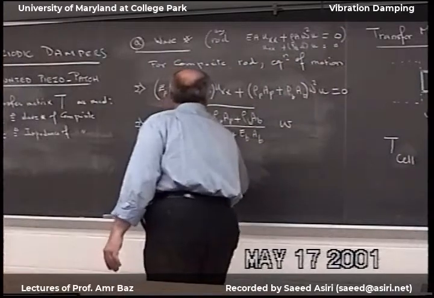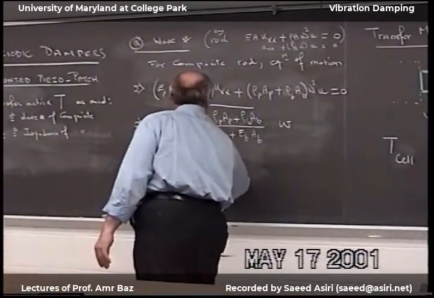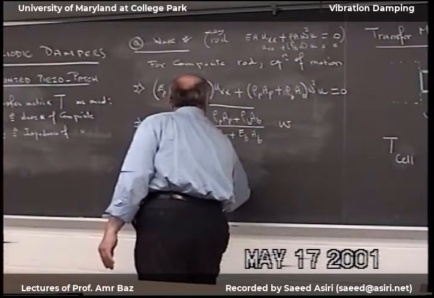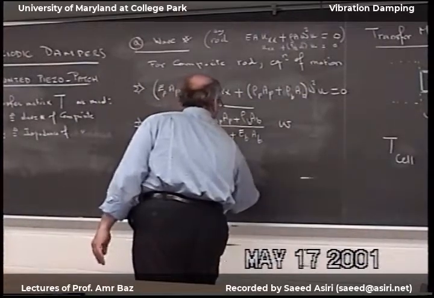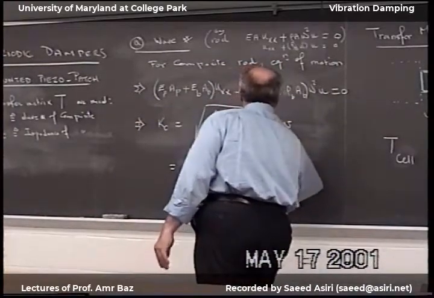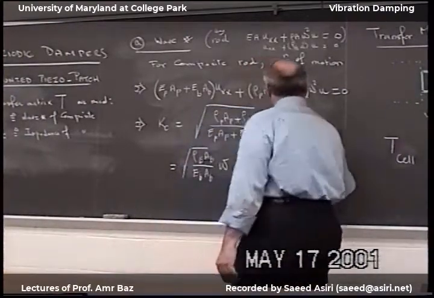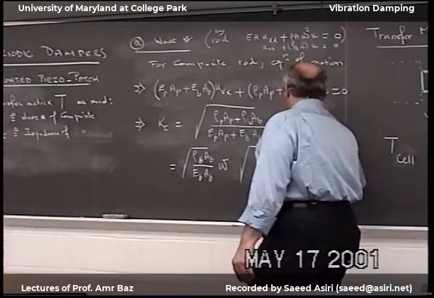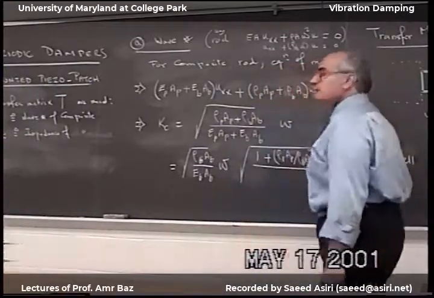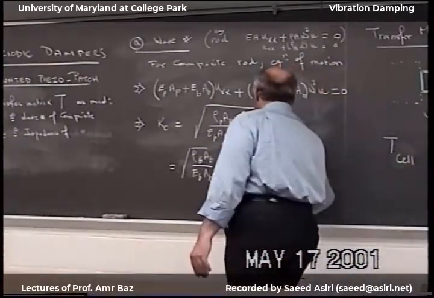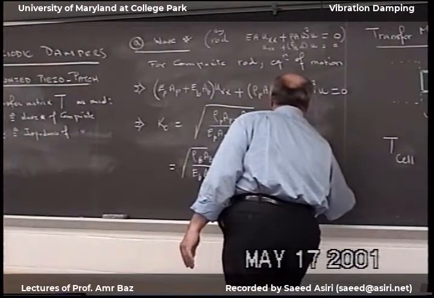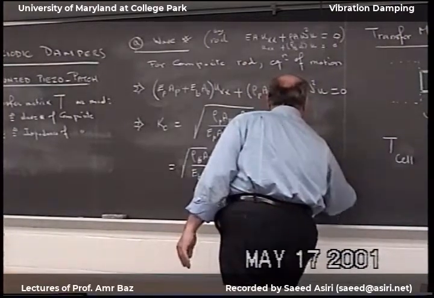So this will be the square root of rho_B over E_B A_B times omega, and what is left here is 1 plus rho_P A_P divided by rho_B A_B, and in here we'll have 1 plus E_P A_P divided by E_B A_B.